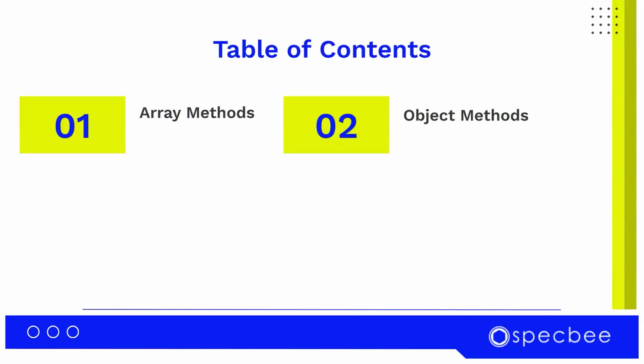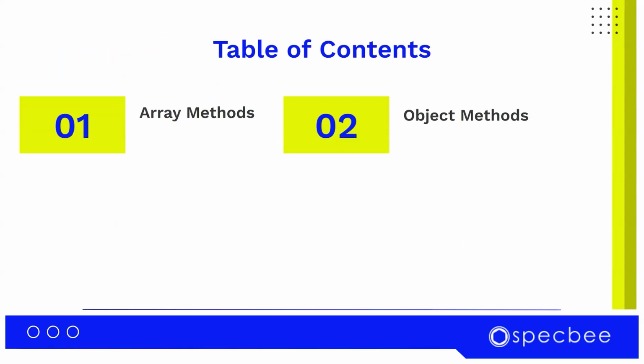So yeah, just two things over here: array methods and object methods. Majorly, we will be covering the array methods because that's where we see a lot of things happen when we need to work in JavaScript.